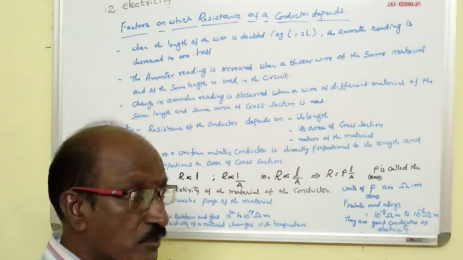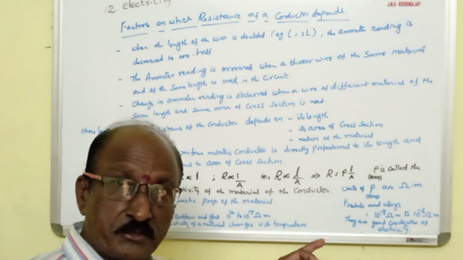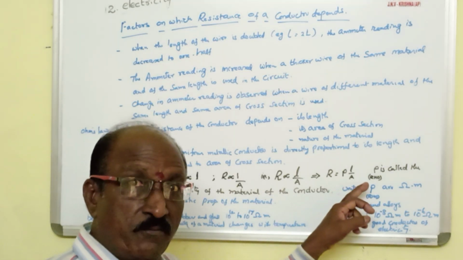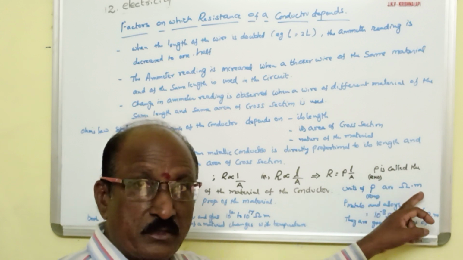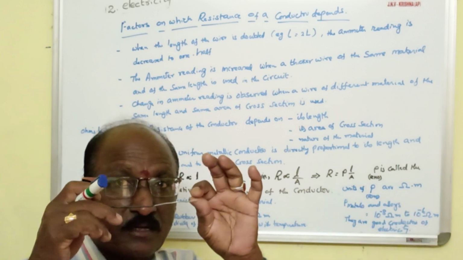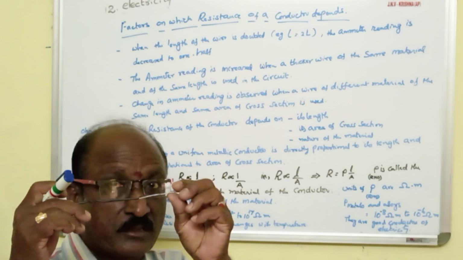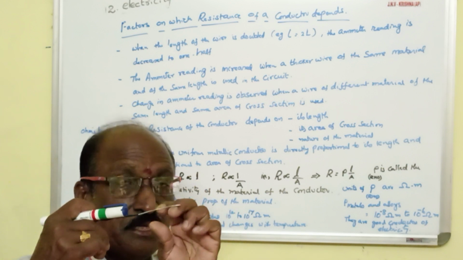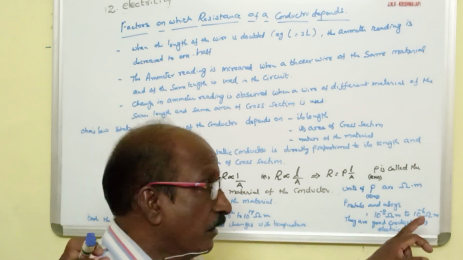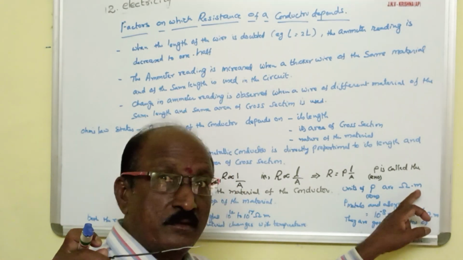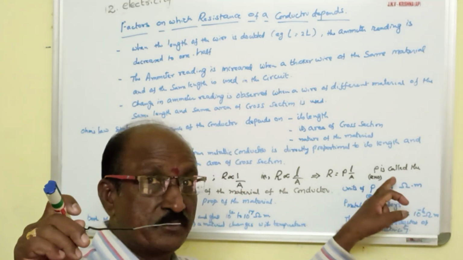Then rho must also have some units. The unit of rho is ohm meters. Meters means we are considering the length. The length plays a key role here.